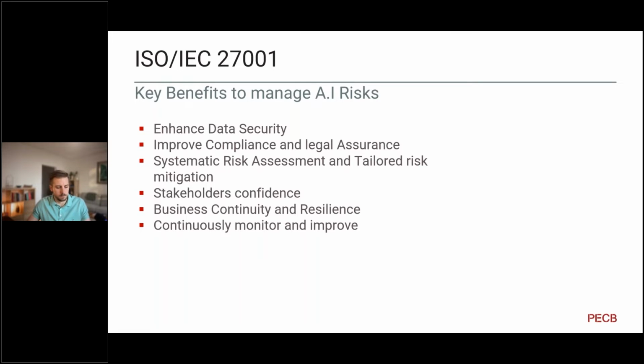We will have a word about it later, but this is very important to take into account. For example, GDPR and the EU AI Act that is currently under preparation. So ISO 27001 provides this framework to ensure compliance with these regulations will be under control, and it will help you to reduce legal risk, I mean the risk of non-compliance with regulations and laws.